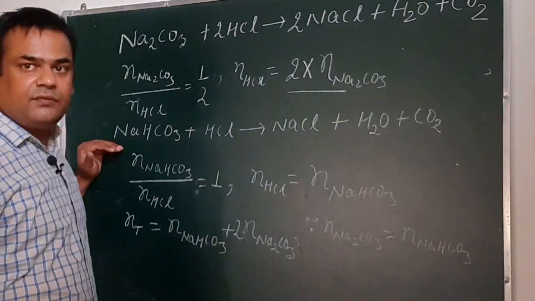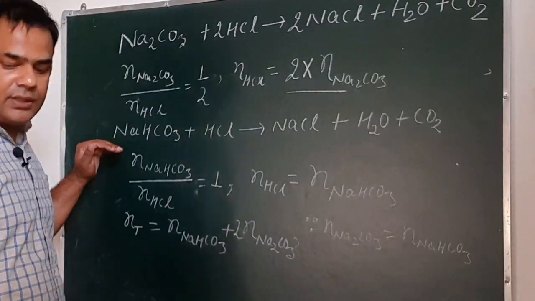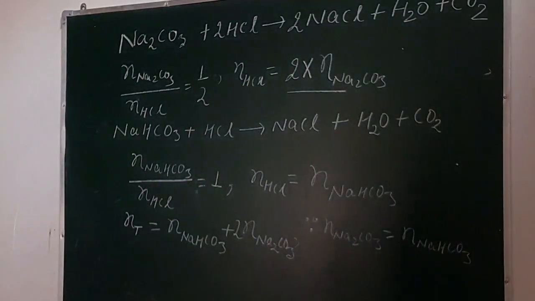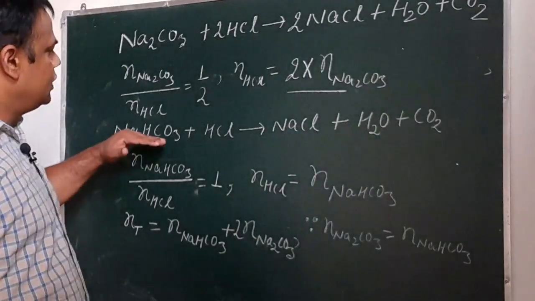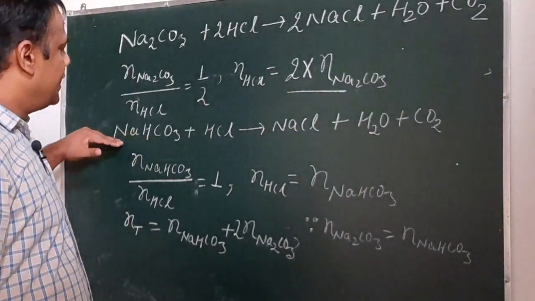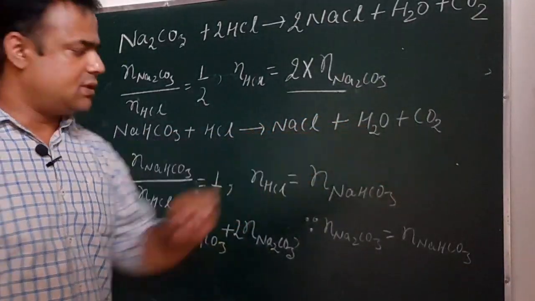Now if we see the reaction with bicarbonate, as the mixture contains both carbonate and bicarbonate, the reaction with bicarbonate is when NaHCO3 reacts with HCl, it gives NaCl plus H2O plus CO2.